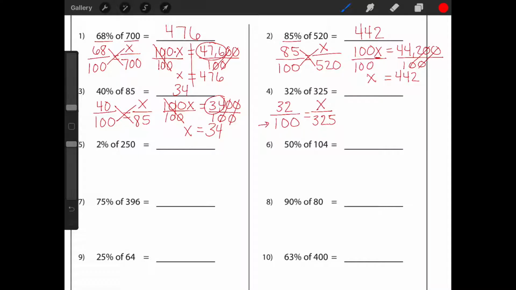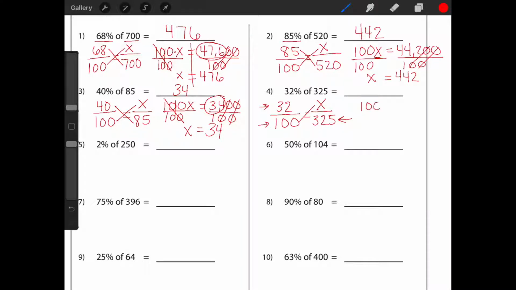So if I have 100 students and 32 students buy lunch today, this is basically asking me if 32% of all students maybe in the school buy lunch, then how many students would buy lunch out of 325? So it's just comparing it. It's just saying, okay, if I have 100 students, it would be 32. But if I had 325 students, how many would that be?